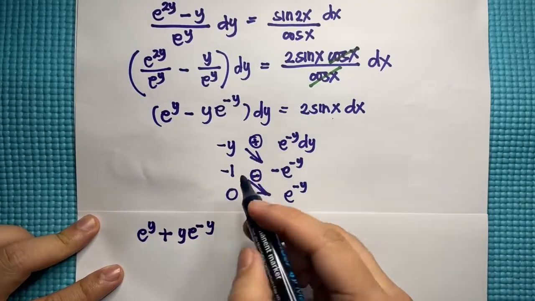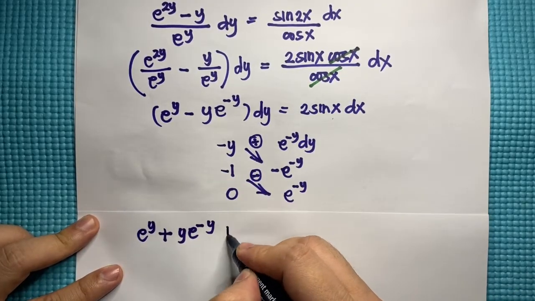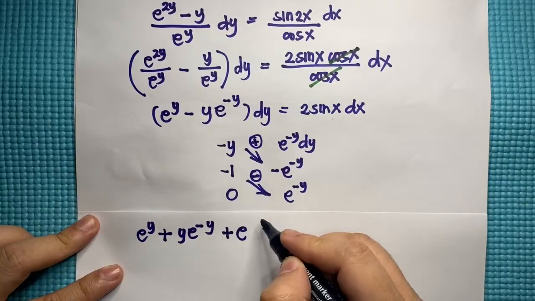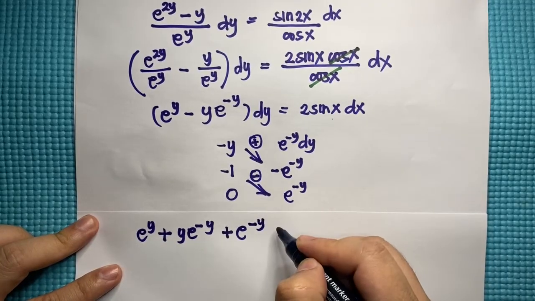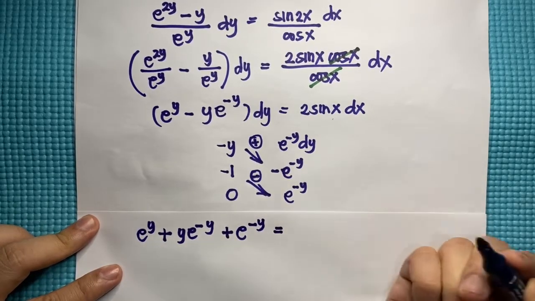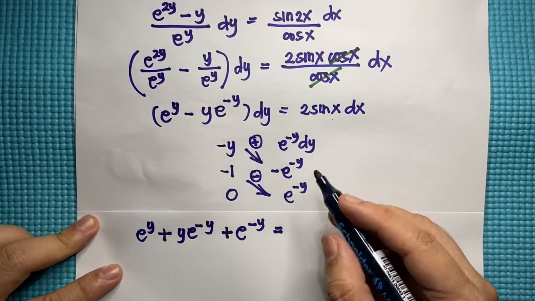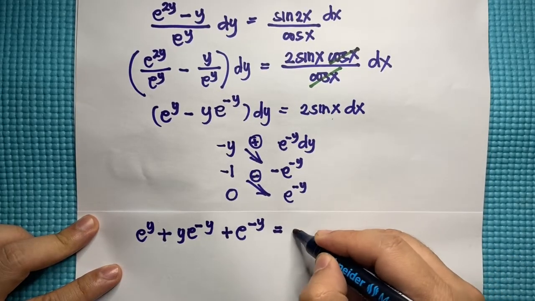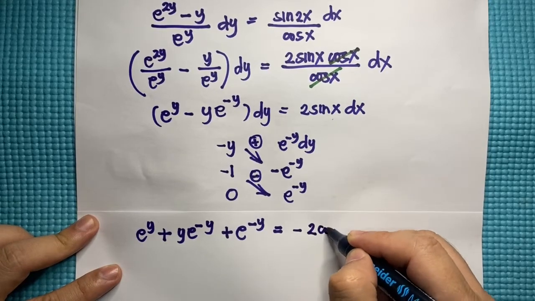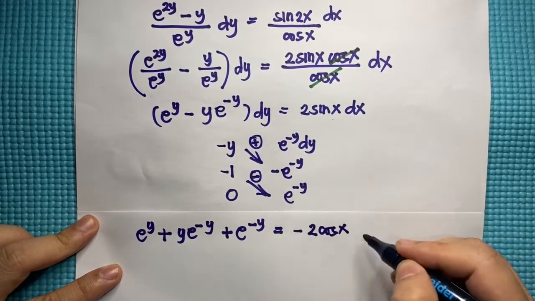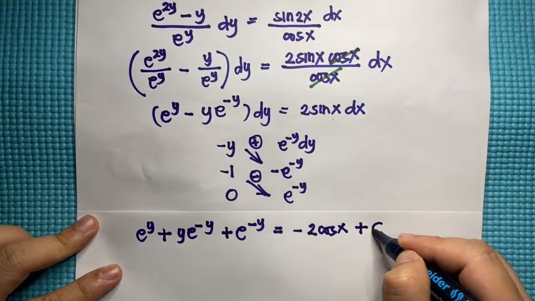Then negative and negative, giving us plus e^(−y), and that would be equal to the integral of 2 sine x, which is negative 2 cosine x, plus c.